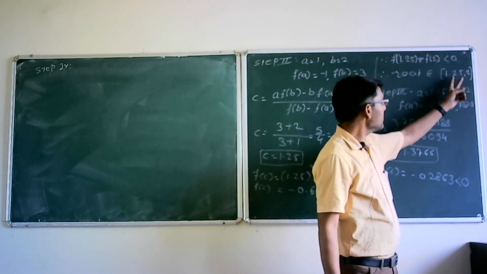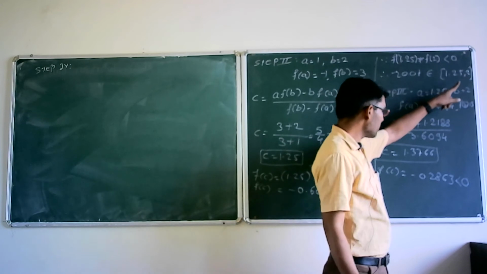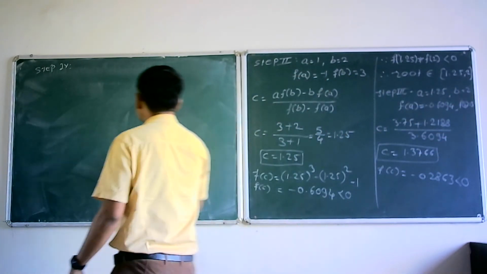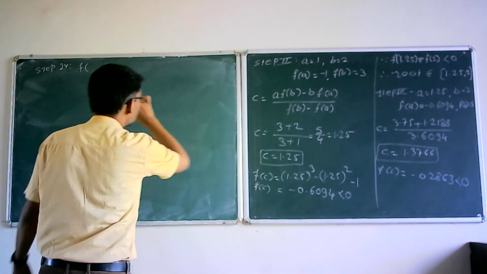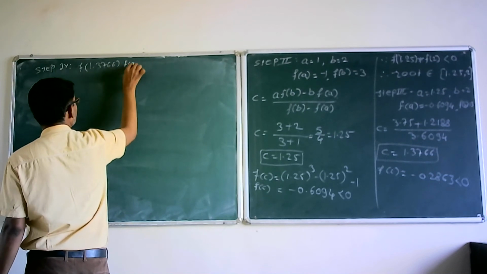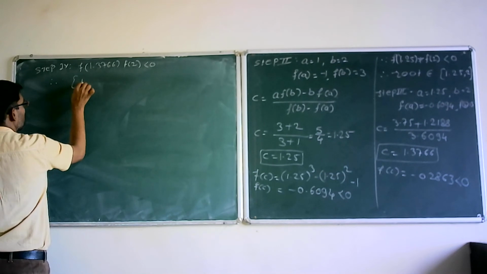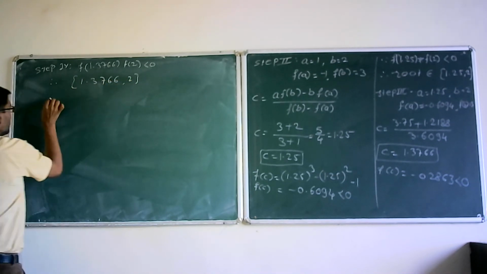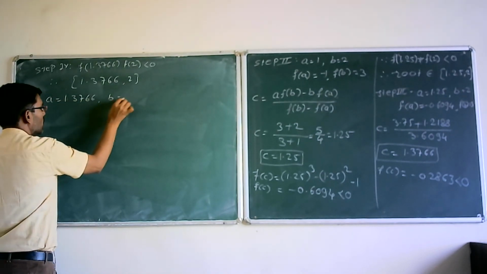This is 1.25 negative, but f of 2 is positive. So our new interval is what? 1.3766 and 2. Since f of 1.3766 and f of 2 is less than 0, therefore our root lies in the interval 1.3766 and 2. So here a is equal to 1.3766 and b is equal to 2.